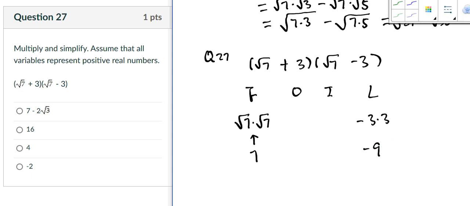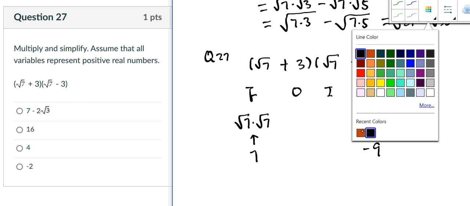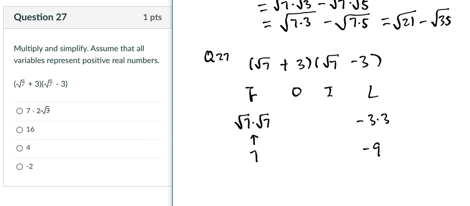Outer product, that's radical 7 times negative 3. So you have negative 3 radical 7 as the outer product. And the inner product is these two, which is positive 3 radical 7.